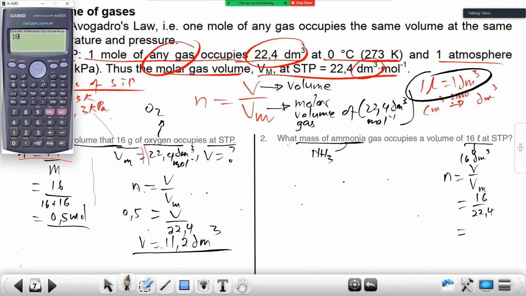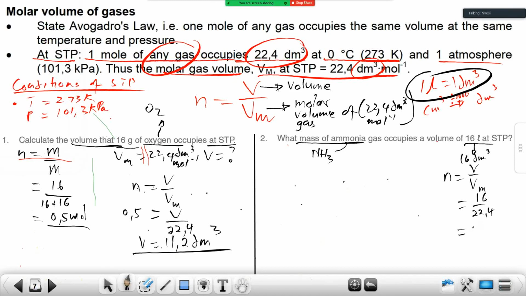It's 16 divided by 22.4. It's giving me something like 0.714. 0.714 mole. Then I have the number of moles.